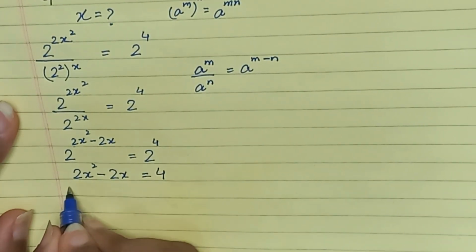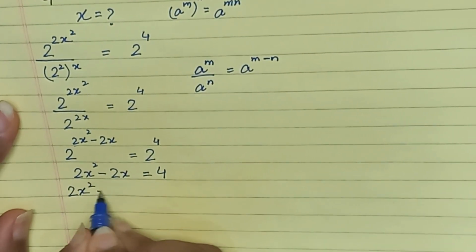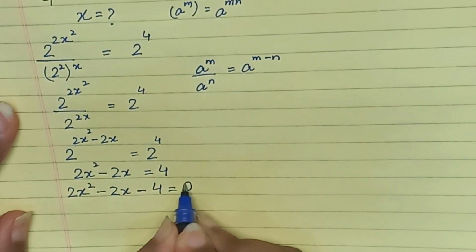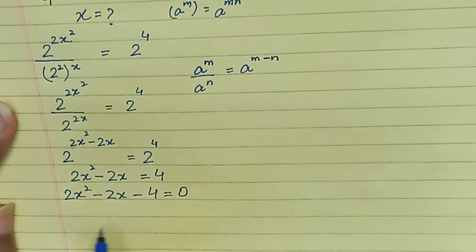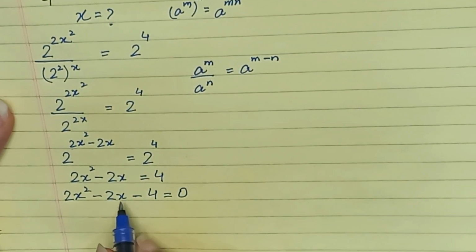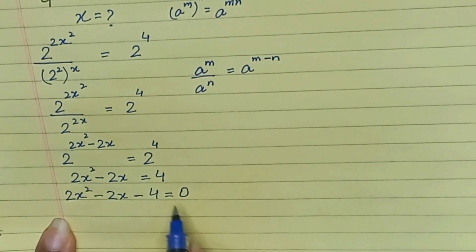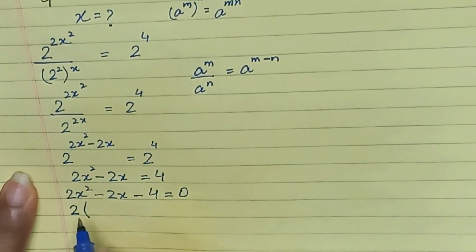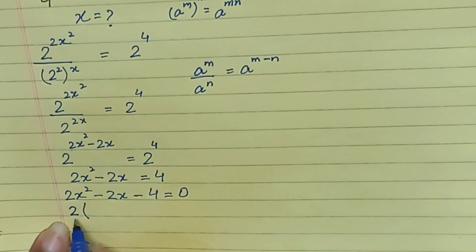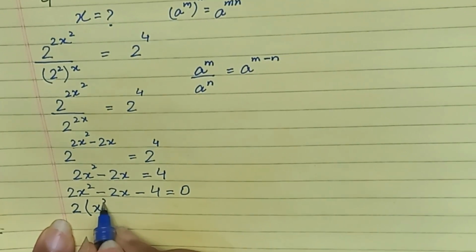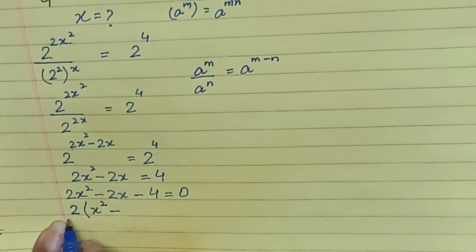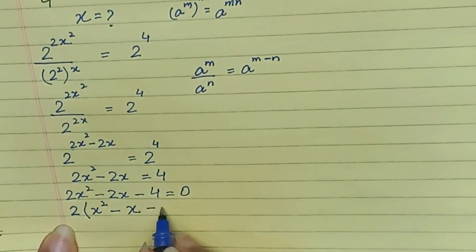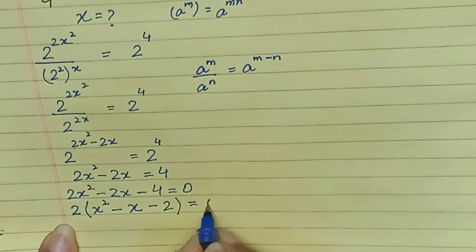Now we can write it as 2x squared minus 2x minus 4 is equal to 0. Now you can see that here 2 is common, so taking 2 as common, 2x squared divided by 2 is equal to x squared, 2x divided by 2 is just x, and minus 4 divided by 2 is minus 2, which is equal to 0.